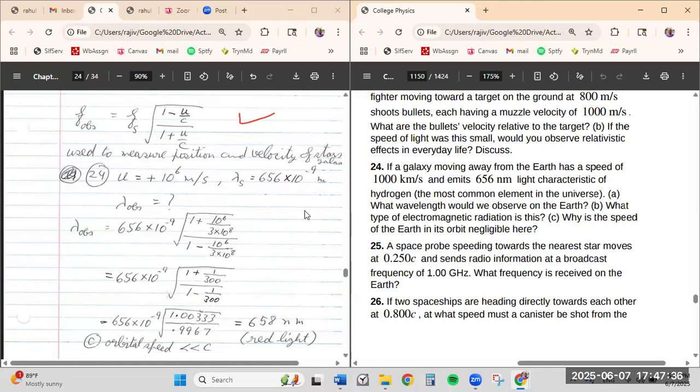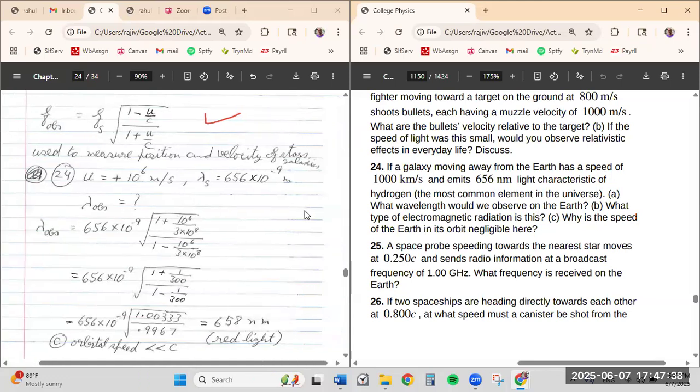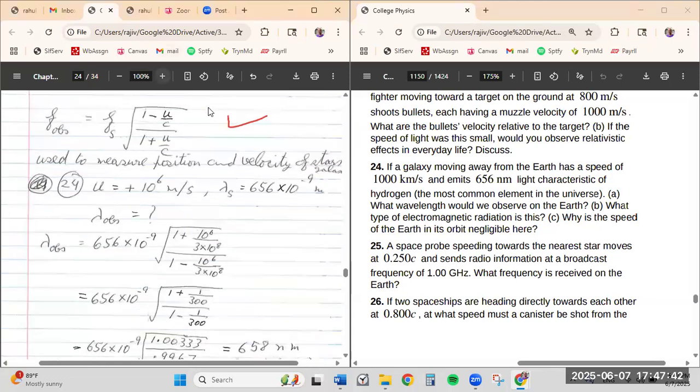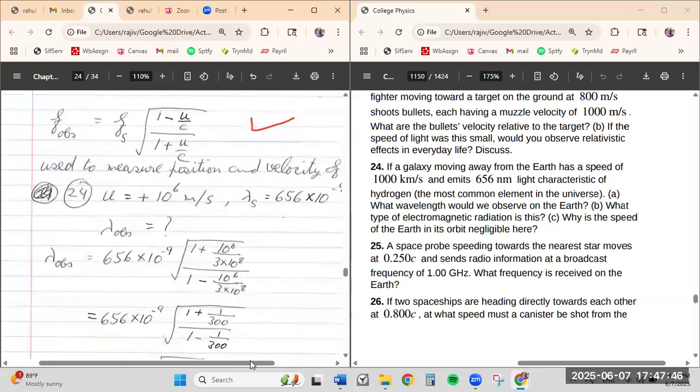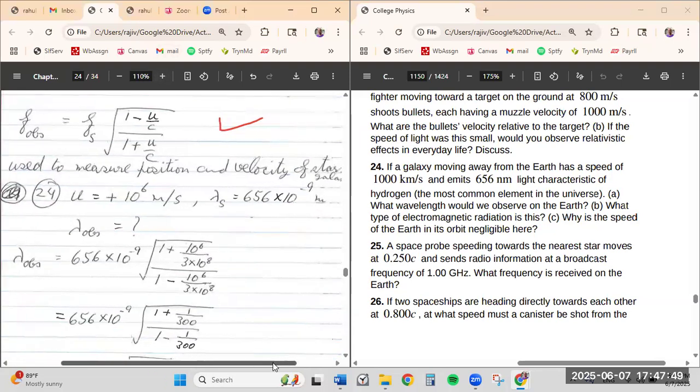So let's record the given information. You have the relative speed of the two, which is 1,000 kilometers per second or 10 raised to 6 meters per second.